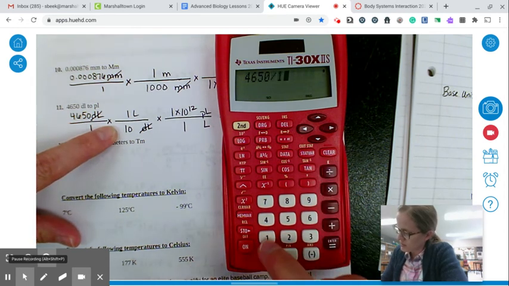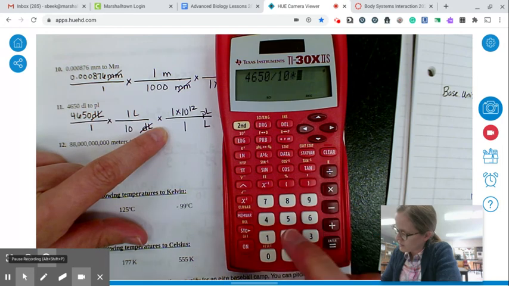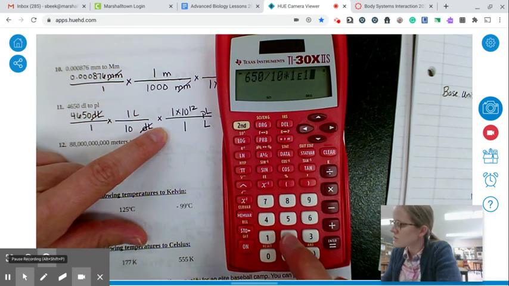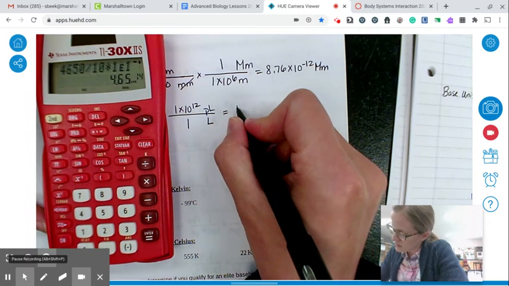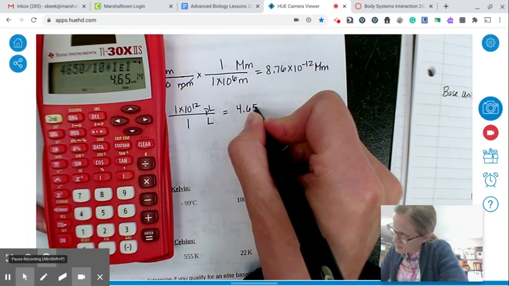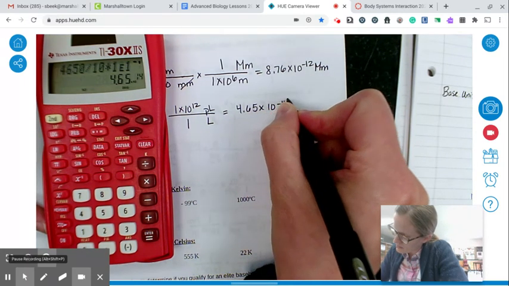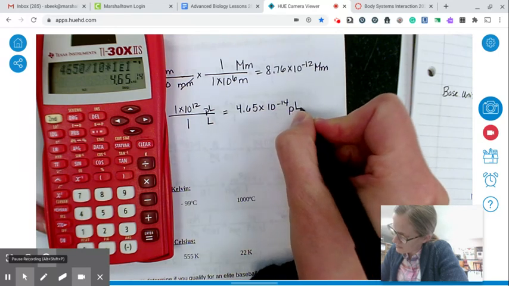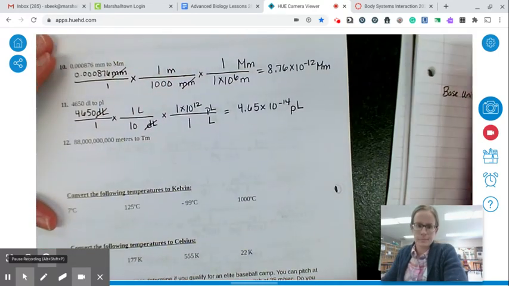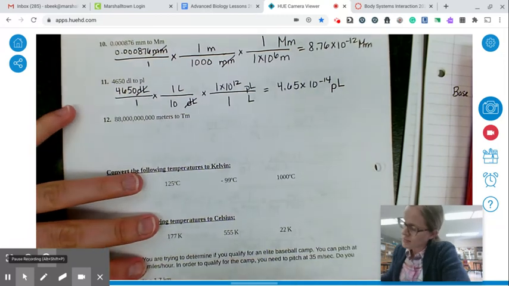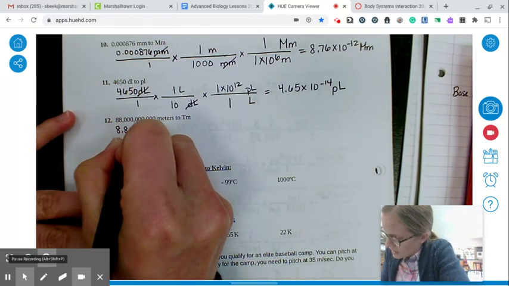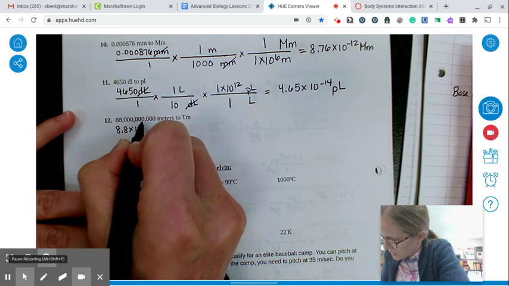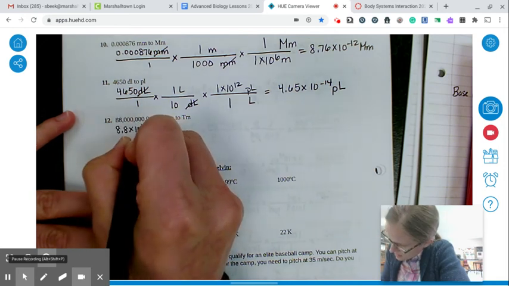Divided by 10 times 1 EE 12. I'm moving the decimal on this one because I don't want to write all those zeros. So go 3, 6, 9, 10. That's like the last one.